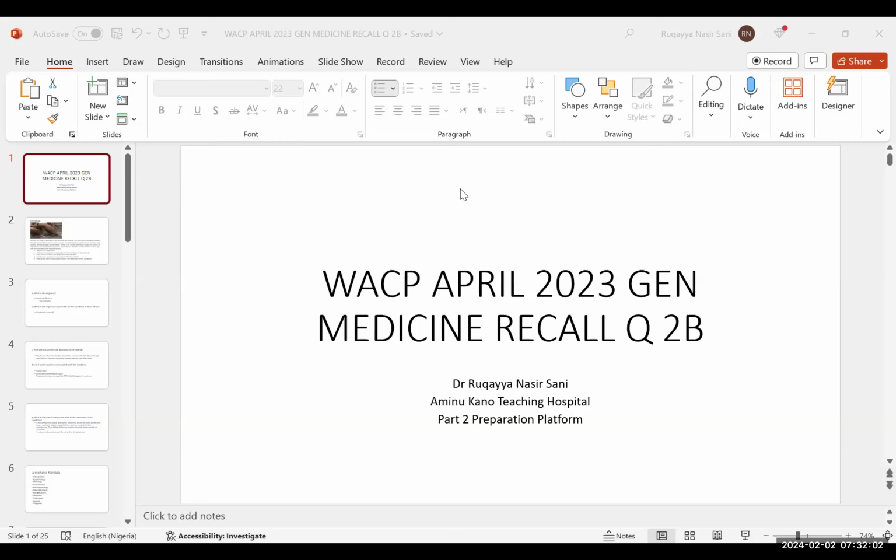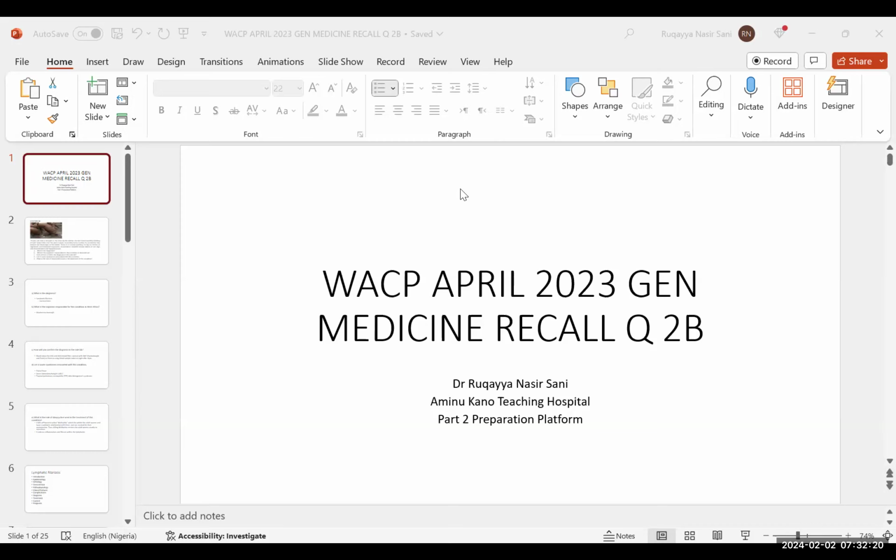Dr. Afolabi is asking, what is the type and dose of insulin that should be given to this patient after DKA has resolved? Yes, it was part of what I presented.